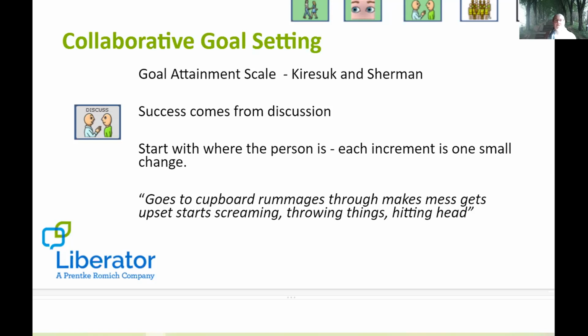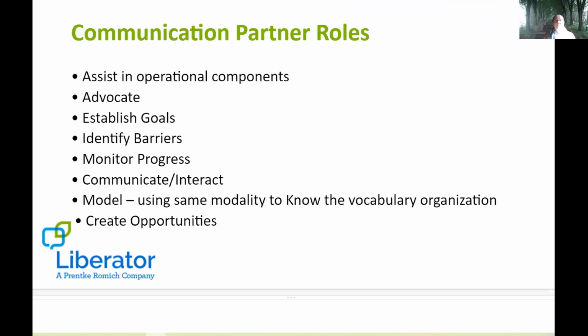You have to think about what's the next best thing. The next best thing is he doesn't scream, he doesn't throw things, he doesn't hit his head. So let's wind it back. What do you think is achievable within 2 to 3 weeks? Actually, what's achievable is for mum to see him starting to go to the cupboard, bring the device and help him to understand what he needs to say.